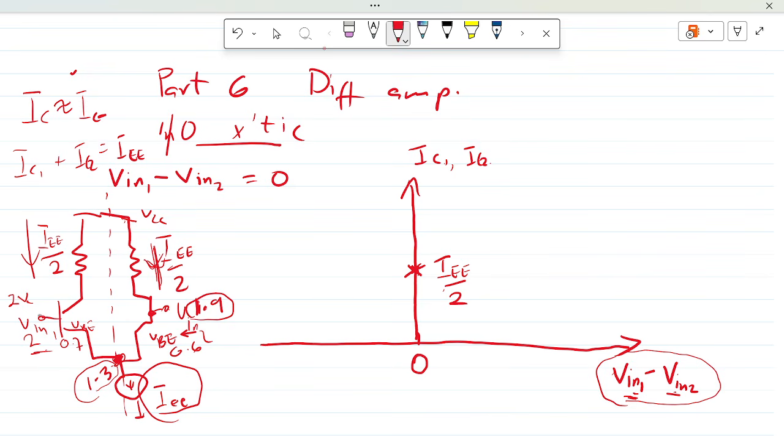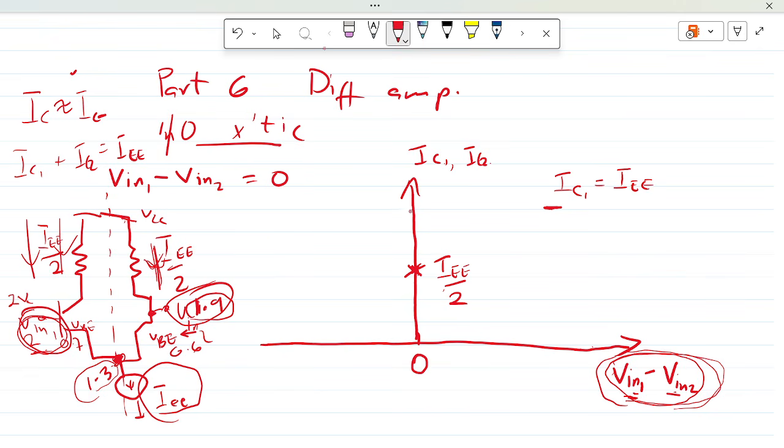But we do know that if the difference between the V in 1 and V in 2, what I call differential input, is high enough, then all the current will flow through IC1. So if the difference is high enough, then this value would have to be positive enough. So somewhere here, IC1 will be equal to IEE.